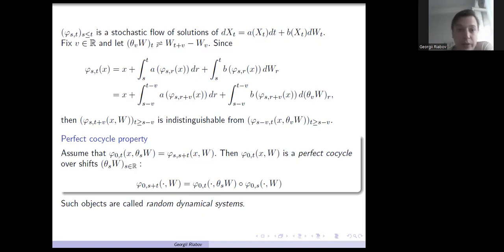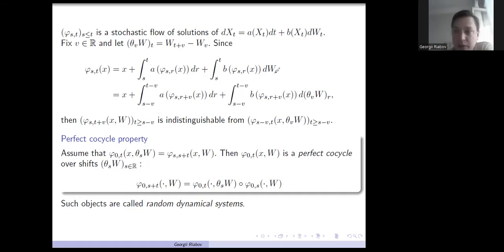Then we considered the shift of the Brownian motion. Now I will denote it by theta_v of w. So this is the shift of a trajectory of w by v.